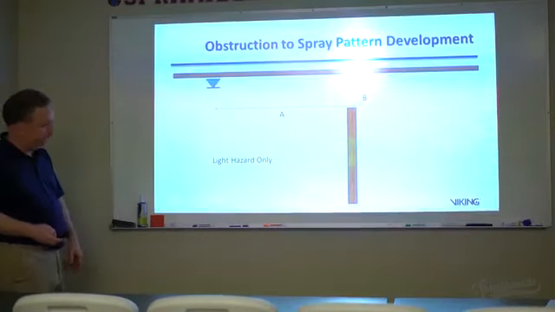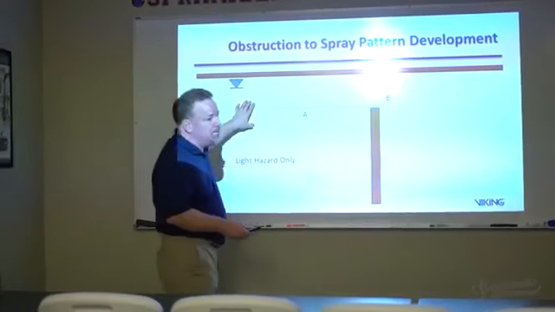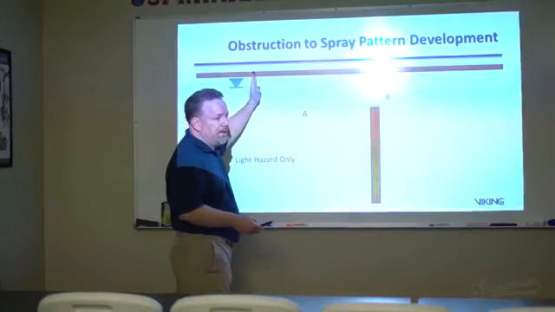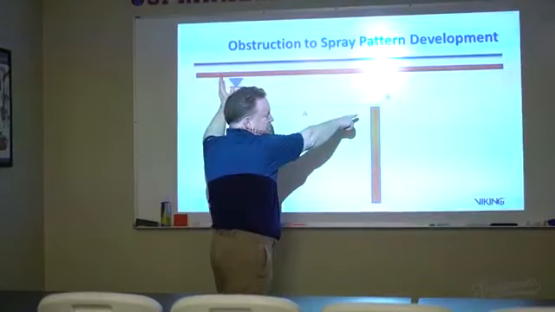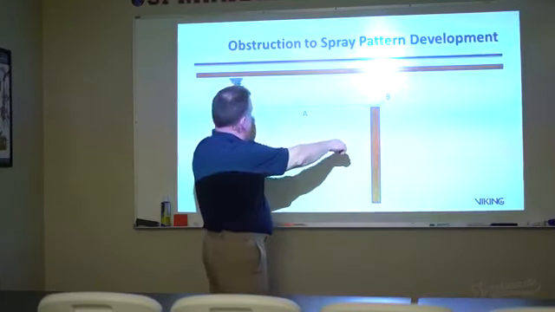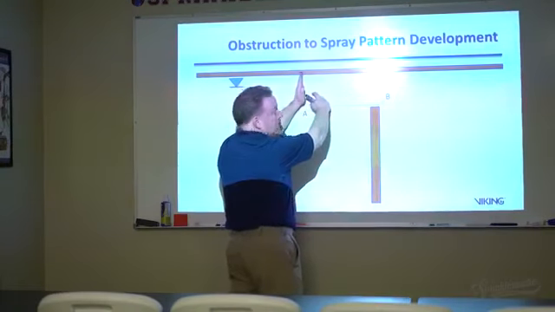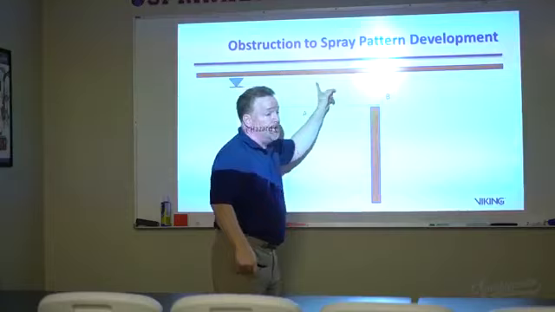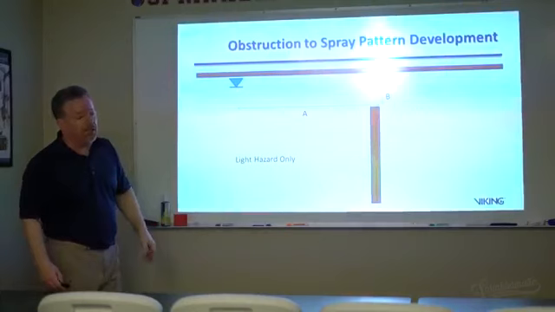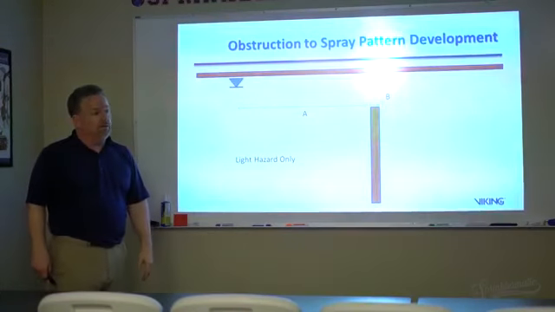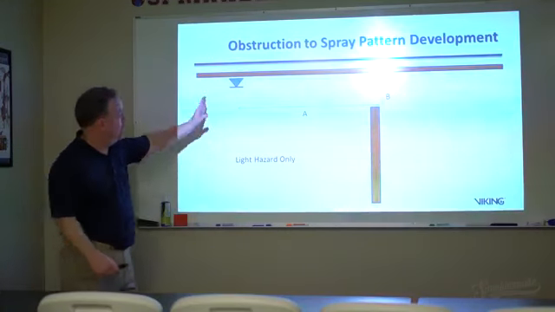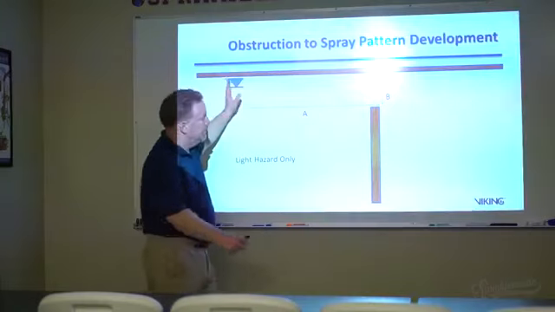So B has to be a minimum, what, 18 inches? Well, no, B is not a minimum of 18 inches or a maximum of 18 or anything. You measure it, and this distance will change depending on A. As you shrink A, B is actually going to come up a little bit. Remember, it's about the development of the spray pattern and getting it over the top of that obstruction.